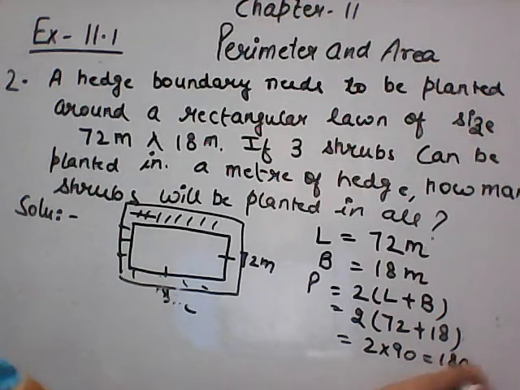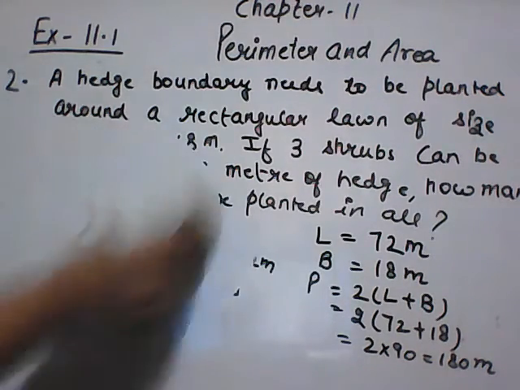The unit of perimeter is meter. Now number of shrubs to be planted in 1 meter of hedge is 3. Now you have to find out number of shrubs to be planted in 180 meter of the hedge.